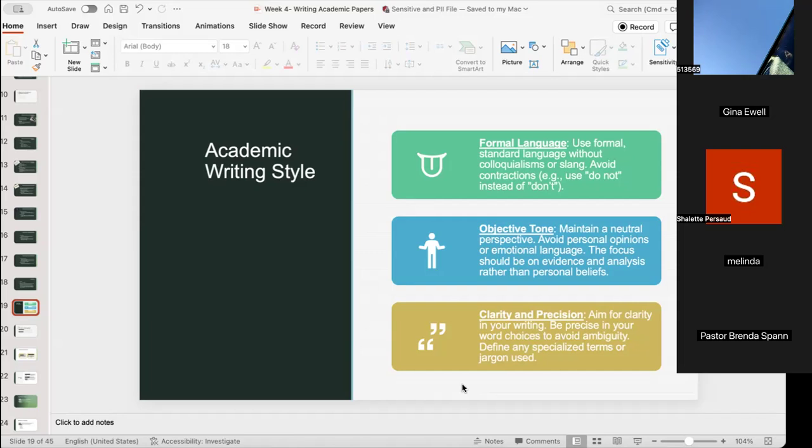If I'm using the word research in my paper and I've used it 15 times, to me, that means that I was lazy and I didn't look up to come up with another word for research. So your word choice should really vary.